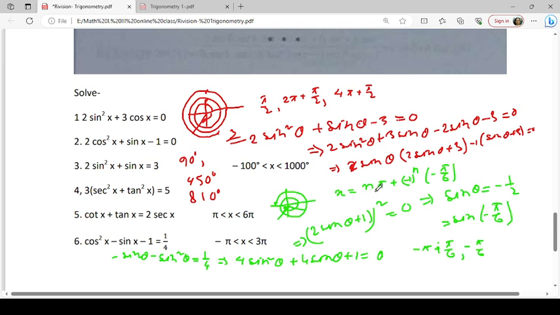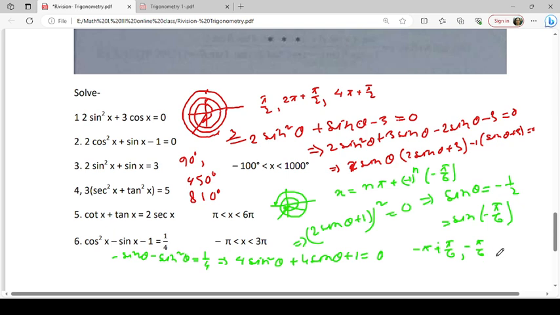So from this we have the values. When n equal to minus 1, we get minus pi plus pi by 6, then n equal to 0, then we put 1, we put 2, so we get the values. So how many values will we get? 4 values we will get.